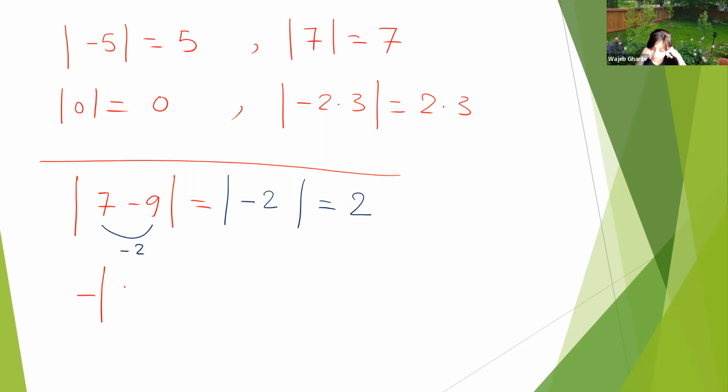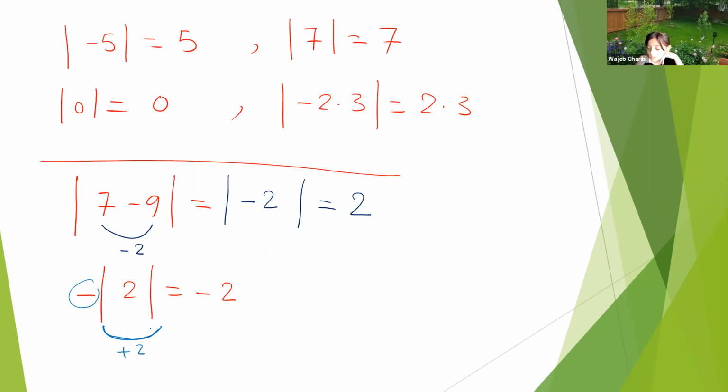What is that? -2. Why -2, Maria? Because the absolute value of -2 is +2, but we keep the negative, so negative times positive is negative, so -2. We first calculate the absolute value and then apply the negative.